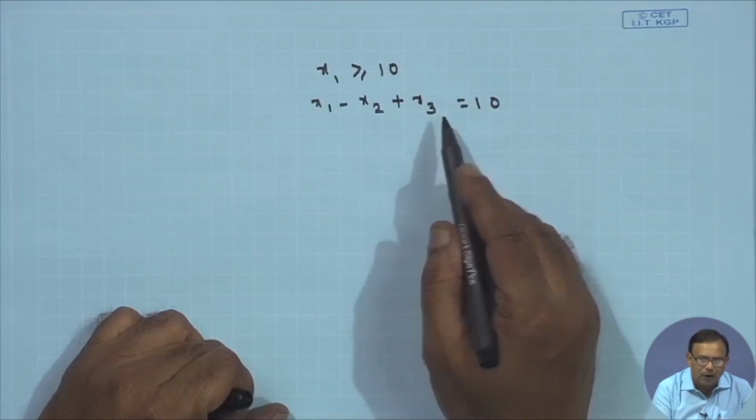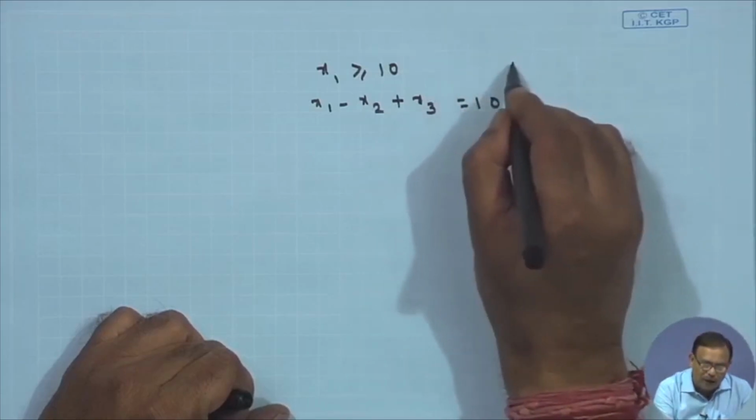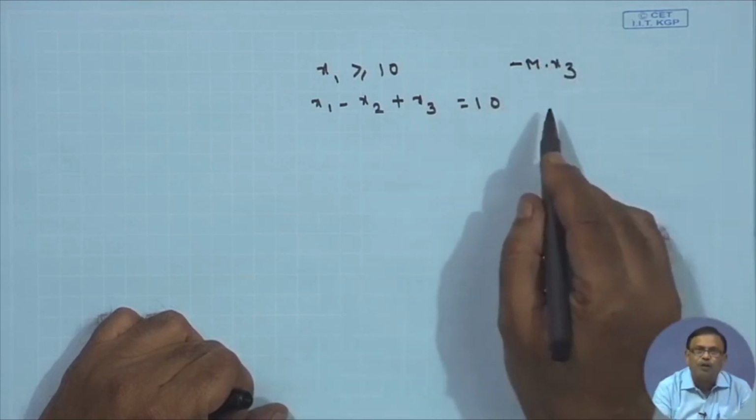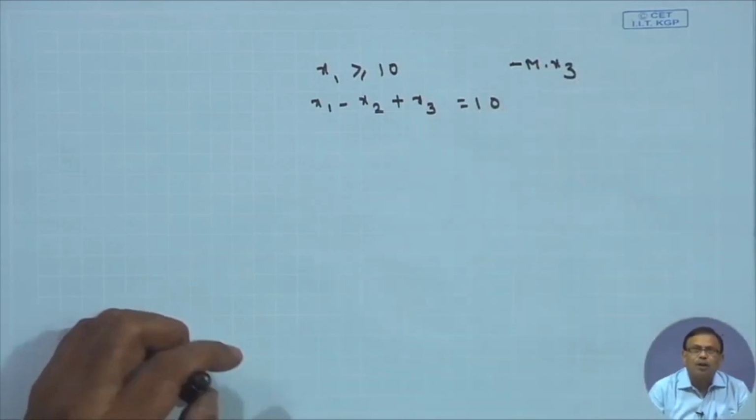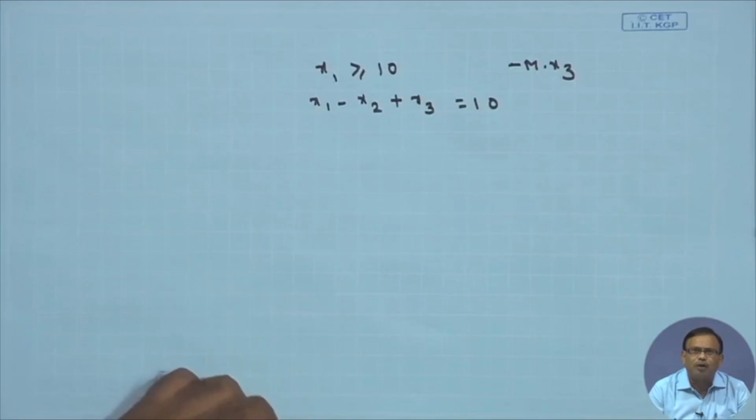So in the cost function we add minus M times x3, which I told in the last class itself, because the original problem and this equivalent problem are not the same.